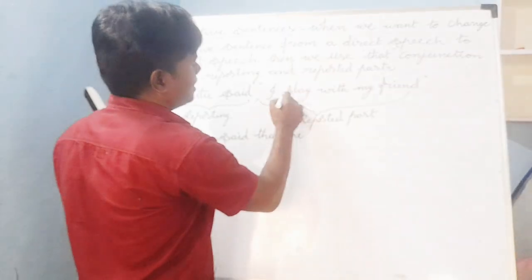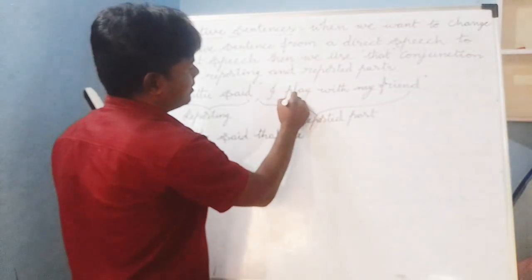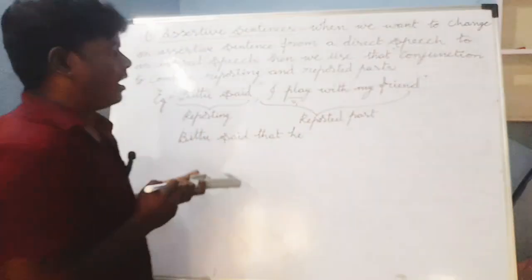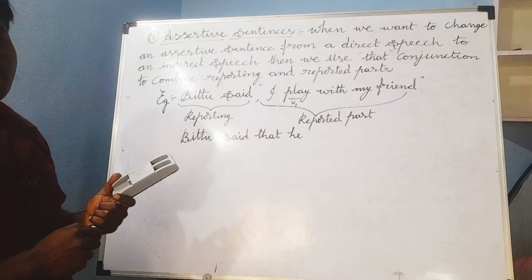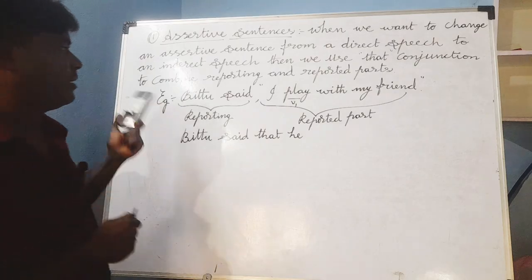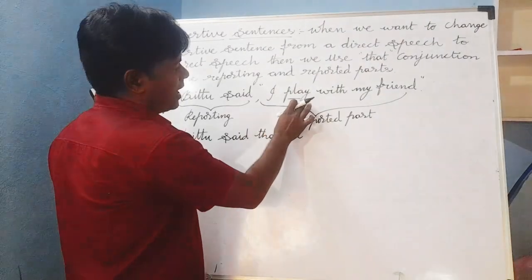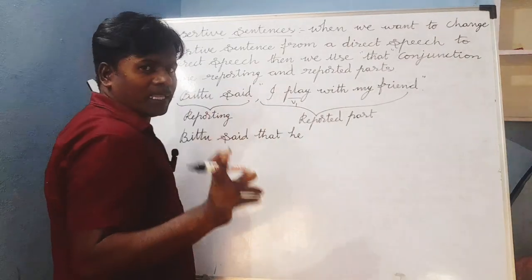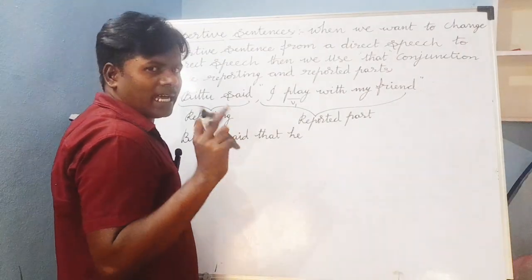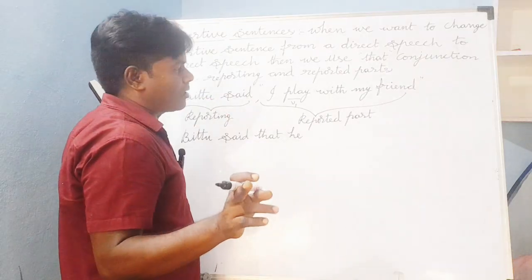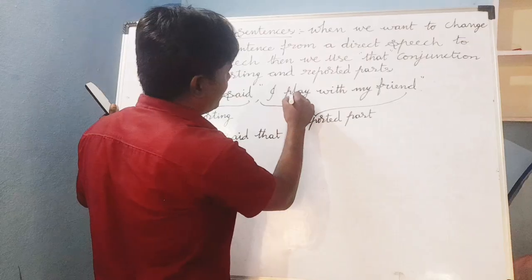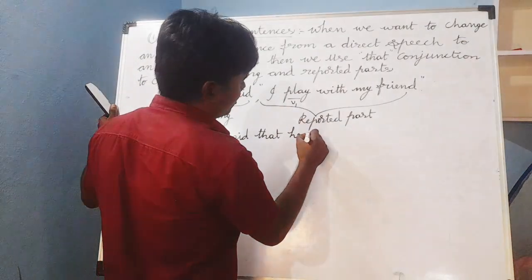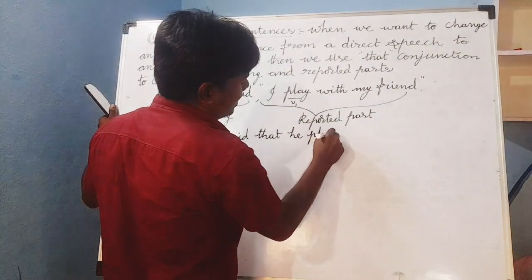Okay, then so here, I play with my friend. This is in simple present tense. So this reported part is in simple present tense. That's why we have to change that into simple past tense. ఇది ఈ రిపోర్టెడ్ పార్ట్ అనేది మనకి సింపుల్ ప్రజెంట్ టెన్స్ లో ఉంది, అందుకని దానిని మనము సింపుల్ పాస్ట్ టెన్స్ లోకి మార్చుకుంటాము. అది గుర్తుపెట్టుకోండి, రైట్? సో దట్స్ వై V1 లో ఉంది కాబట్టి V2కి మారుతుంది. అది ప్లేయిడ్.